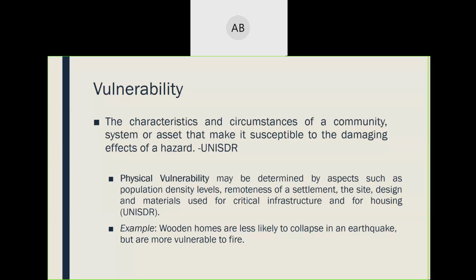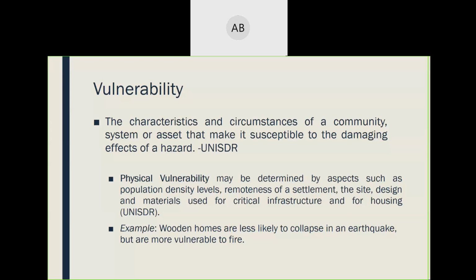Physical vulnerability. So, vulnerability has different classes. First of all, what is vulnerability? Vulnerability is the degree of damage or degree of loss. What is a hazard? Hazard is the probability of occurrence of a natural event. Just these key words you should remember.